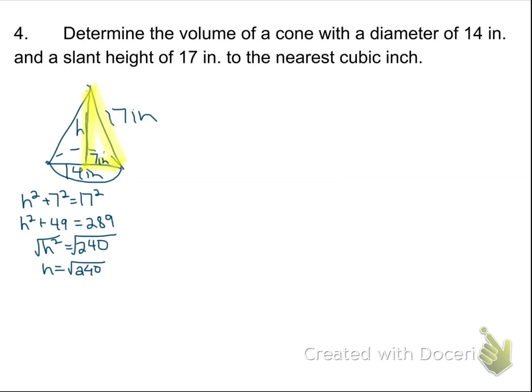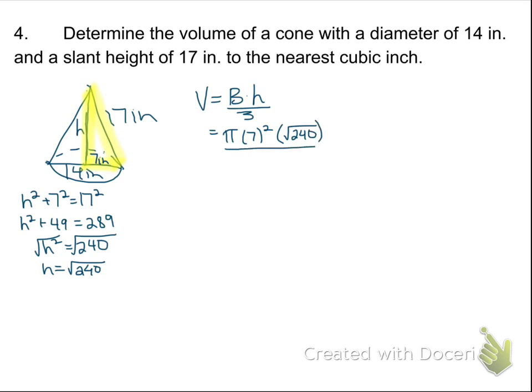So now that we know the actual height, it's approximately 15.5, by the way, but we can now find the volume of our cone. Area of the base times the height divided by 3. So again, we're pi r squared because the base is the circle, r is the radius, which is 7, so pi times 7 squared, multiplied by the height, which we said is the square root of 240.